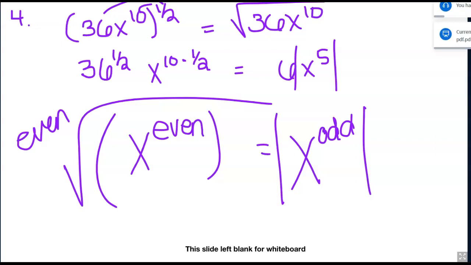So now, if you have 6x to the 5th, an x to the 5th would allow you to get a negative number, hence the need for the absolute values. So if you have an even exponent inside raised to an even square root, 4th root, 6th root, then you need absolute values. The even, odd rule.